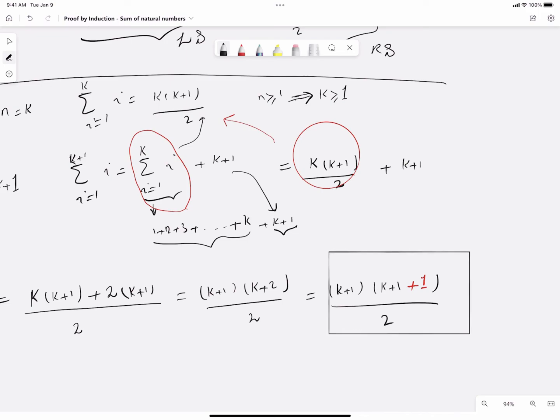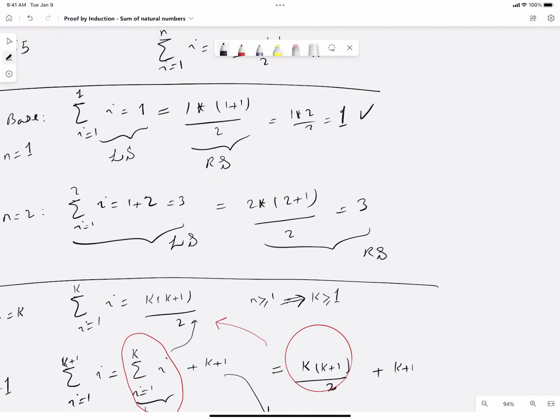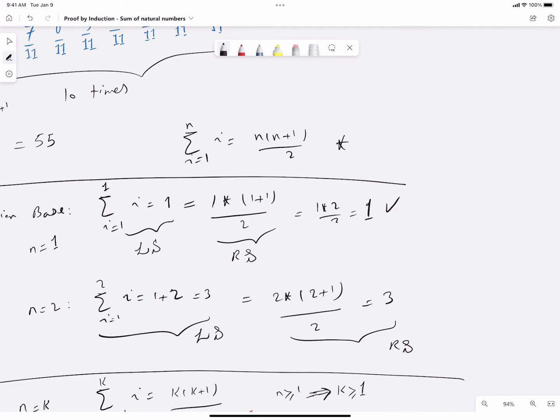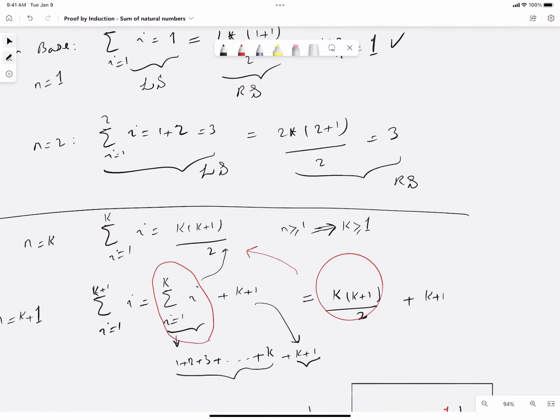And let's see what's going to be the right side. If you look at the formula again, it says that on the right side we have n times n plus 1 divided by 2. So what I need to do for the right side is just replace n with k plus 1.